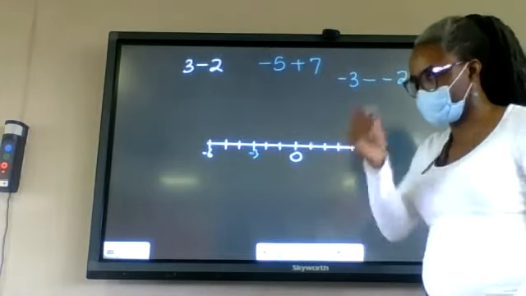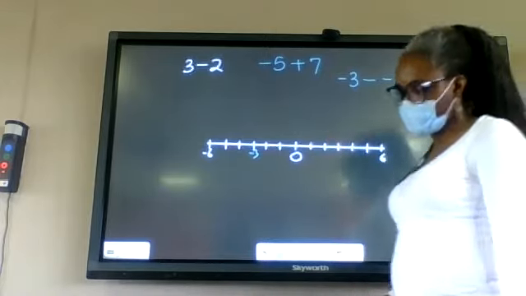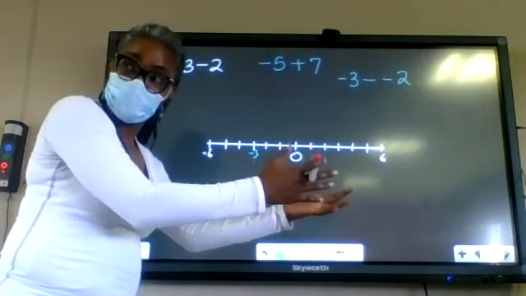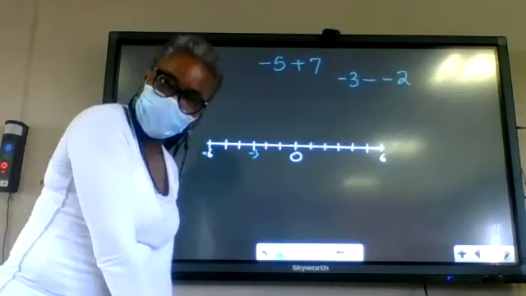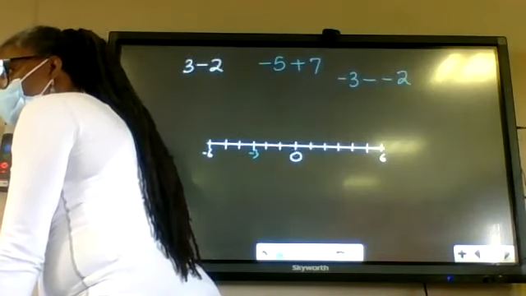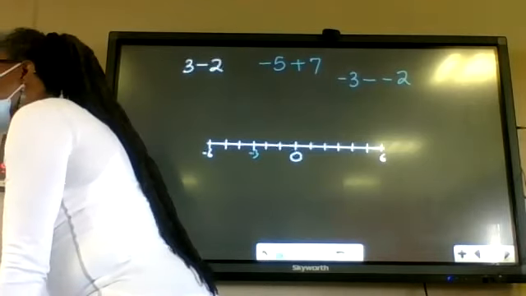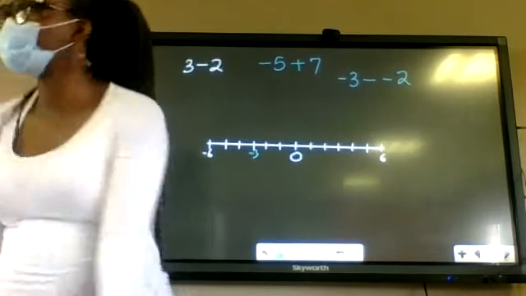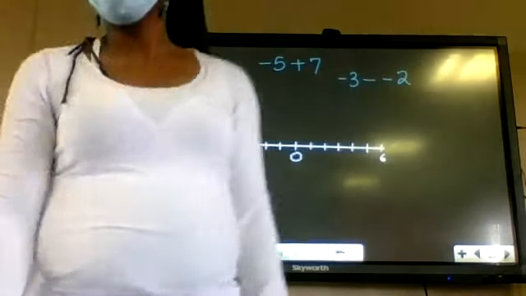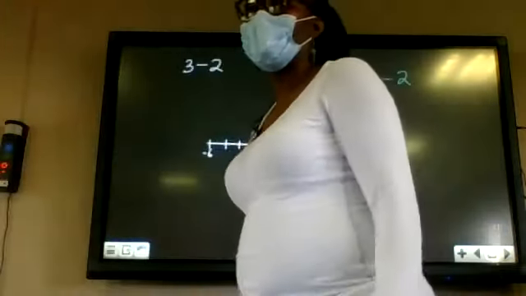Normally, when you are standing at -3, you are facing the positive direction. So the negative sign says now you are facing negative. But the other negative sign, again, the negative sign turns around.